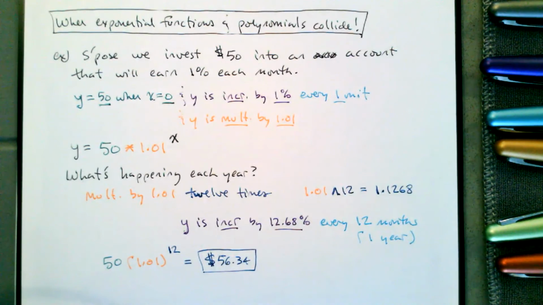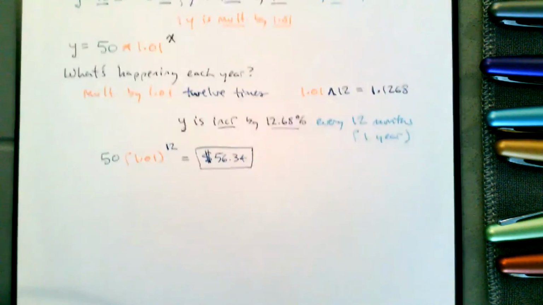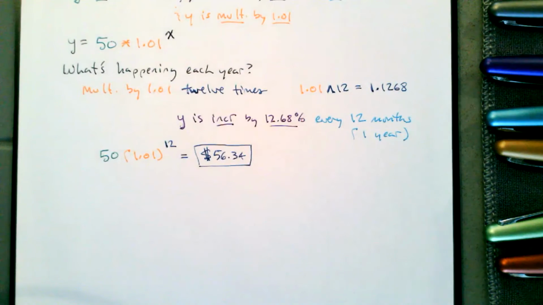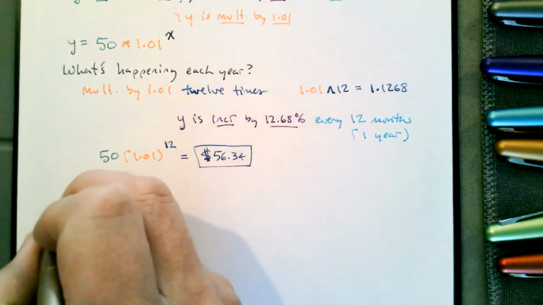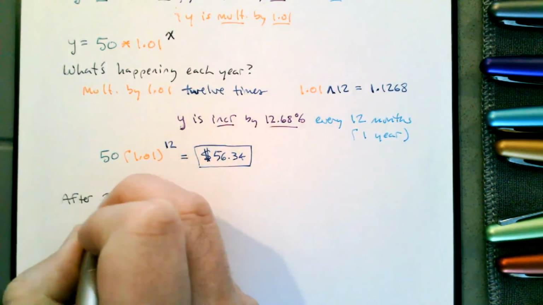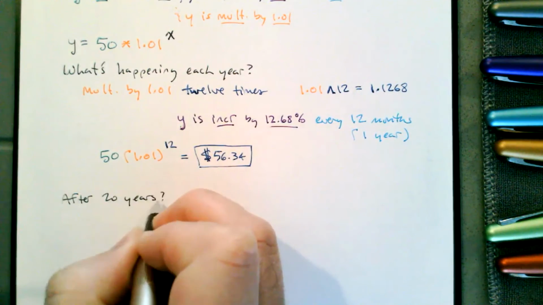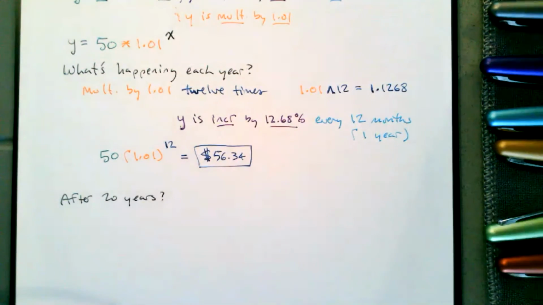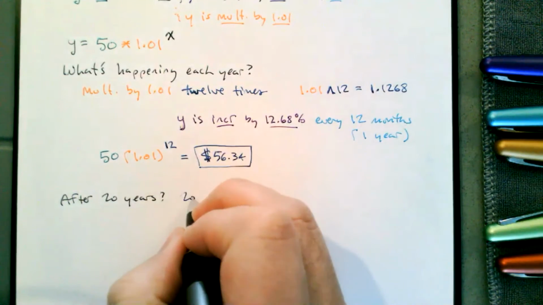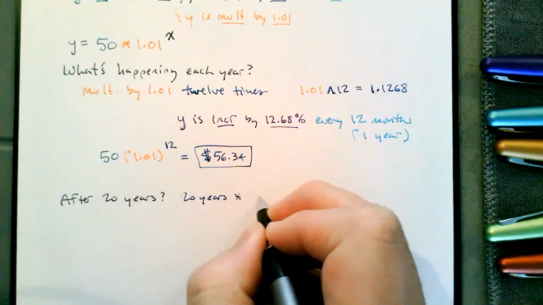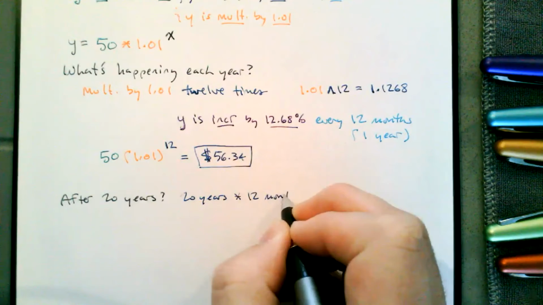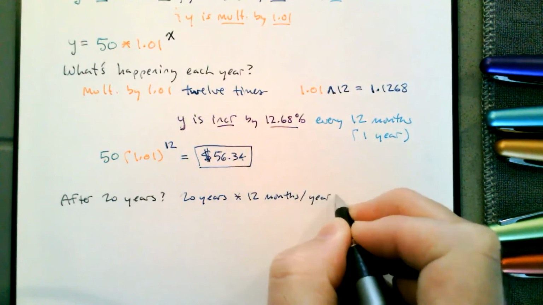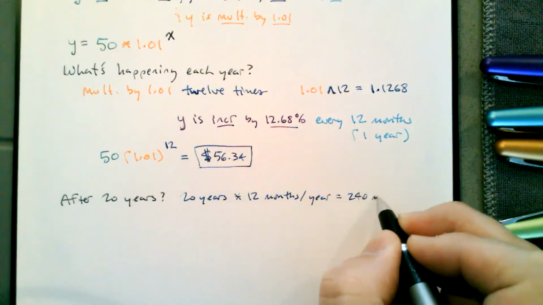So if we stretch this out to a very long time, we'll have $56.34 after 1 year. How much will we have after a very long time? Let's suppose we want to know what's happening after 20 years. Well, 20 years times 12 months per year is 240 months.